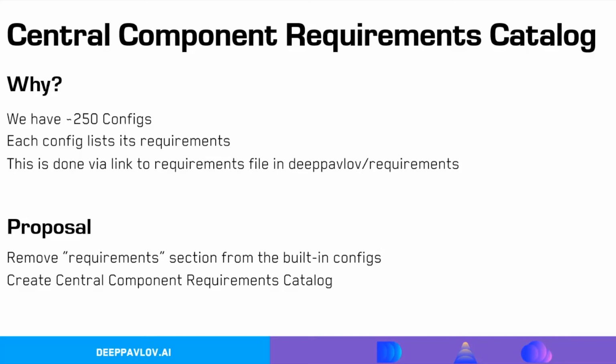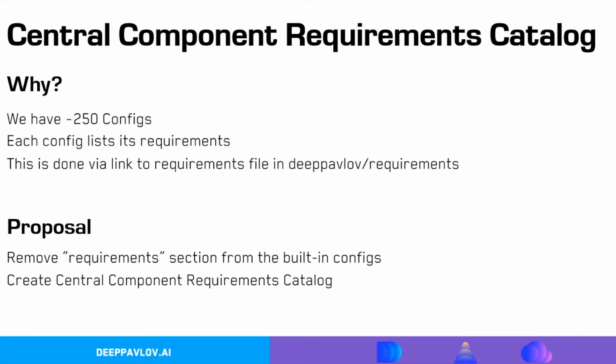it's still tricky to control all of them. Each configuration file lists its requirements, and this requirement section is actually a link to a requirements file which is located in the DeepPavlov/requirements folder of our repository.